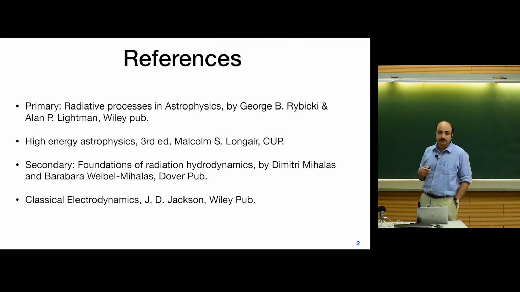People from the masters, you must have encountered this book, which is quite standard for masters and also for third year bachelors, if I remember correctly. I will be mostly taking material from Rybicki and Lightman, sometimes alluding to only one slide from Mihalas and Mihalas, but I just wanted to give you the list of standard references that is useful for you.